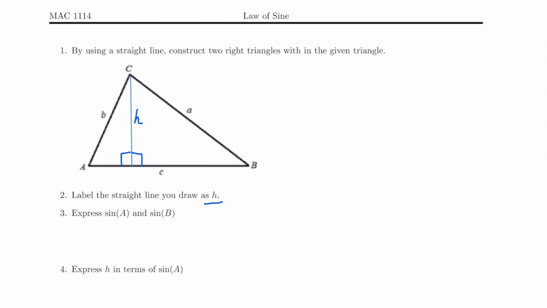Okay, so then second step, we're going to express sine of A and sine of B. For sine of A, we have to look at this right triangle right here.